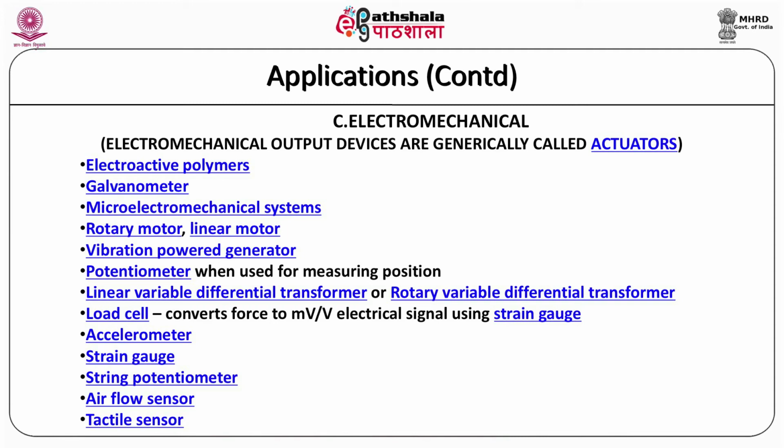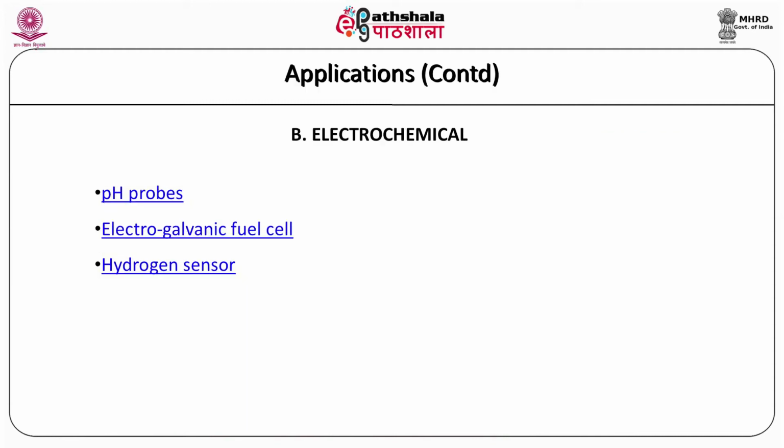Now of the electrochemical transducers a number of them are there, but I am just highlighting three of them, that is pH probes, which are used relatively routinely in laboratories for measurement of pH, acid, base, buffers, etc. Then you have electrogalvanic fuel cells, then hydrogen sensors.